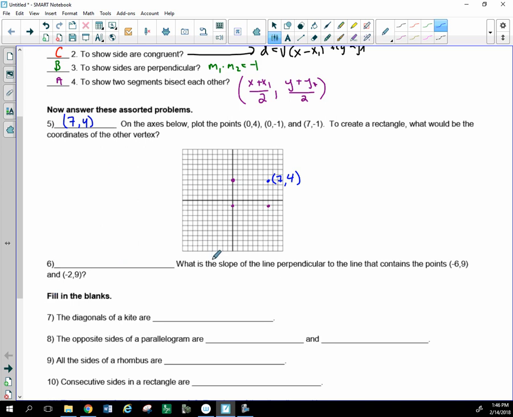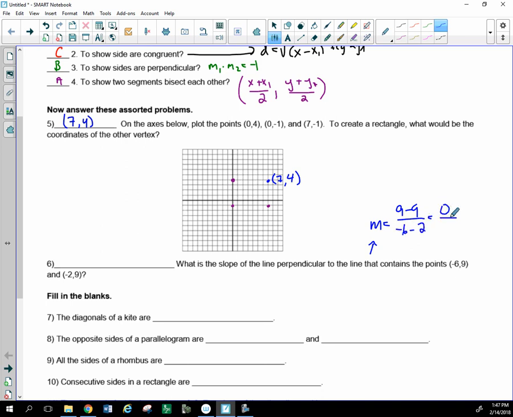It says, what is the slope of the line perpendicular to the line that contains these two points? Well, we're going to find the slope first, and I'm going to do it up here because that's where I got room. The slope of this line would be subtract the y's and divide it by the subtraction of the x's.